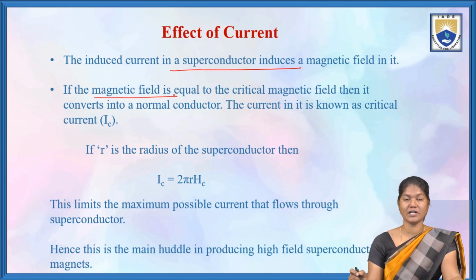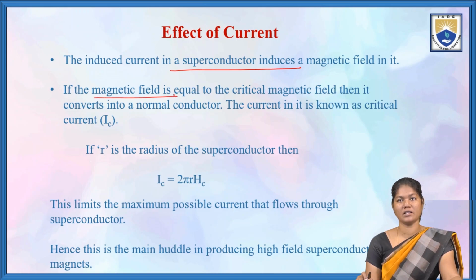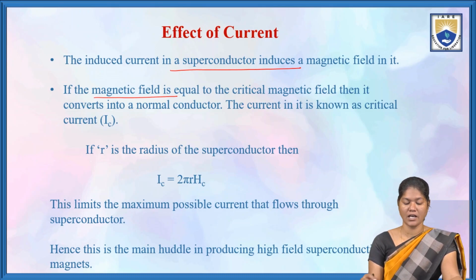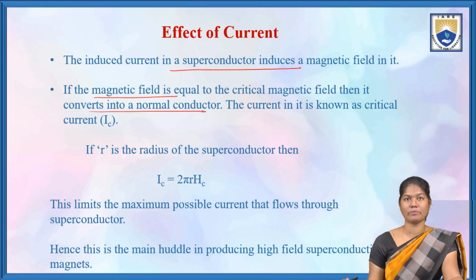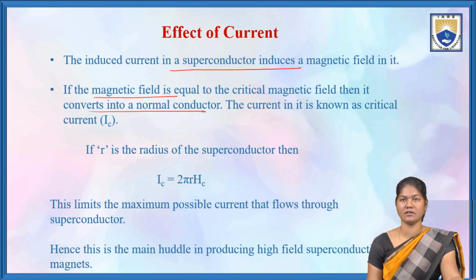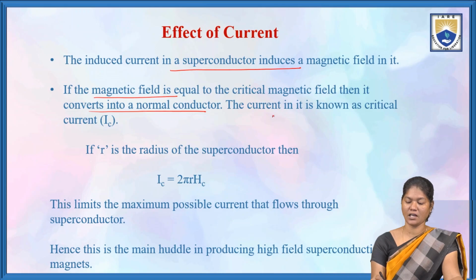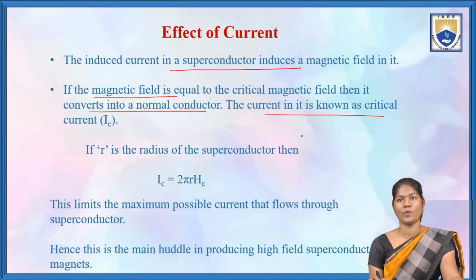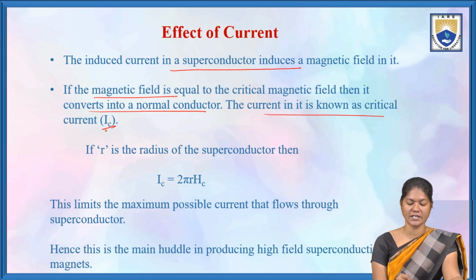If the magnetic field is equal to the critical magnetic field, H equals HC, then it converts into a normal conductor. The current at this point is known as the critical current IC.